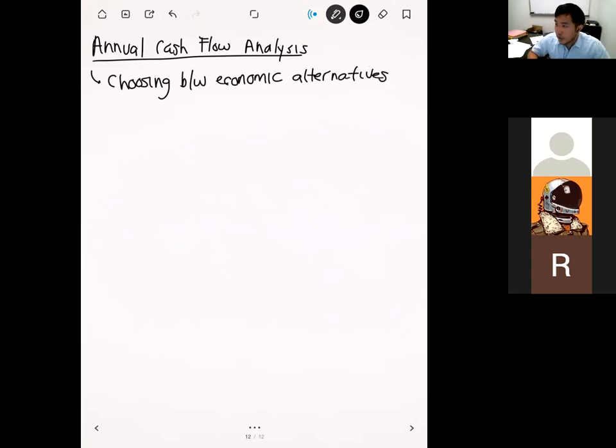Because a very common situation that you'll come across is that you'll have multiple vendors or multiple different options for your engineering projects, and you need a way to choose which one is going to be the best option for you to go with. We've done present worth, where we've converted all of the cash flows for a given option into a present sum. In annual cash flow analysis, we're just converting everything to a uniform series.